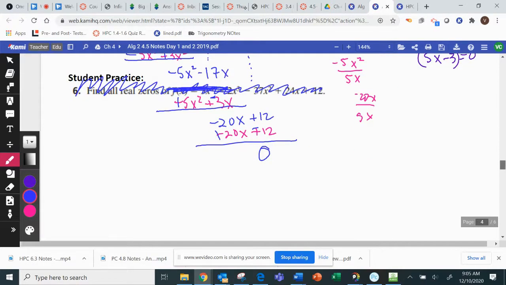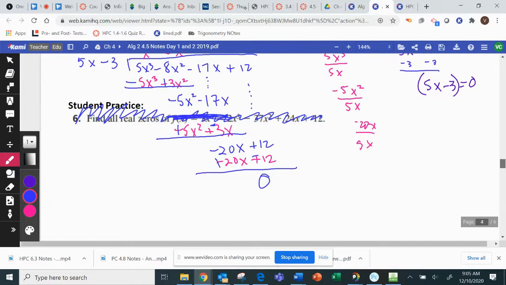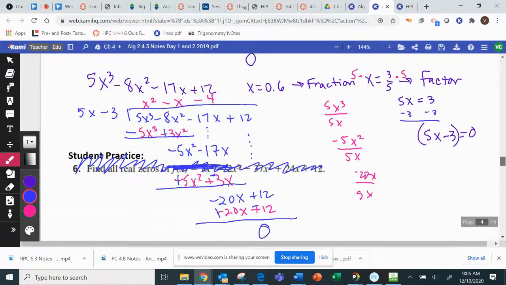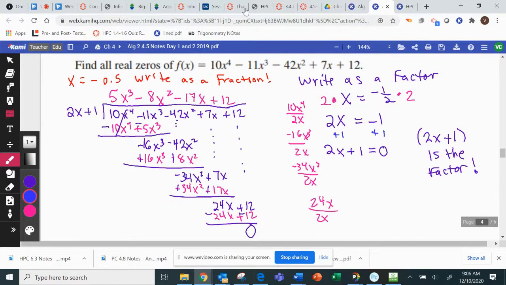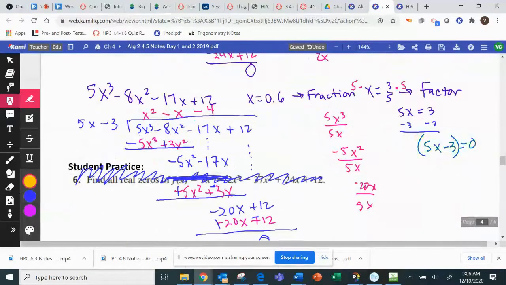So at this point, we have 2 factors. I'm just going back up through the work for a second. This is our first factor, 2x plus 1. We have our second factor, 5x minus 3.